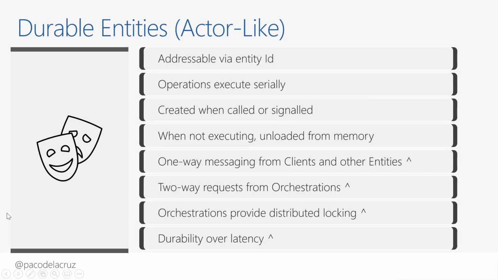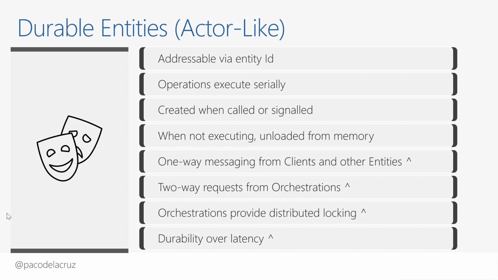So we define the entity that we want to persist the state. Okay, so as I mentioned, durable entities implement an actor-like pattern. It's very similar to the actor pattern, but has some differences. Similar to actors in, let's say, Akka.NET or Orleans, these entities are reachable via an entity ID, and we define this ID.